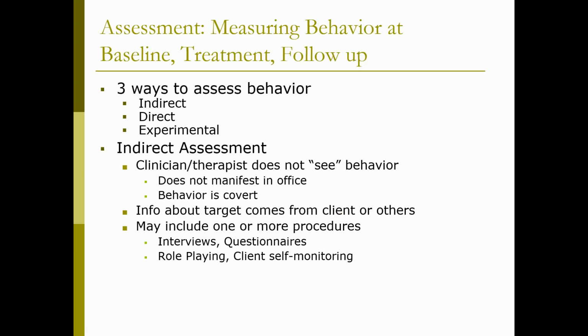And it may include one or more different procedures. It might mean that the therapist is going to do an intake interview with the individual, might be administering different questionnaires, might be engaged in role playing, or the client might be engaged in self-monitoring. So there are ways to tap into the behavior without actually seeing the behavior.